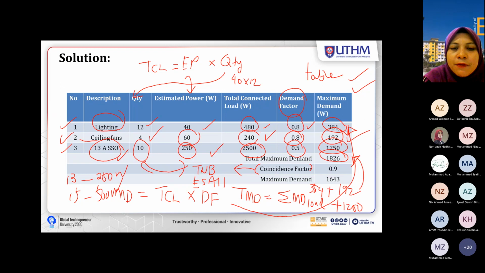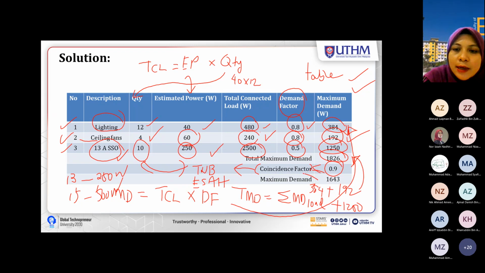Okay. As I mentioned before, the value for the coincident factor is different based on the types of group: residential, commercial, residential and commercial, industrial. So for the residential, we consider the value of 0.9 for the coincident factor.